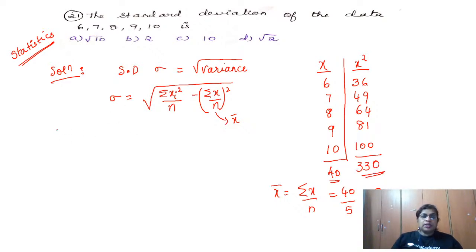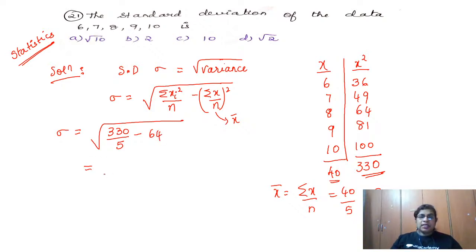So substitute this now. Standard deviation is square root of summation x square, which is equal to 330, by n, which is 5, minus x bar squared, where x bar is 8. 8 square is how much? 64.